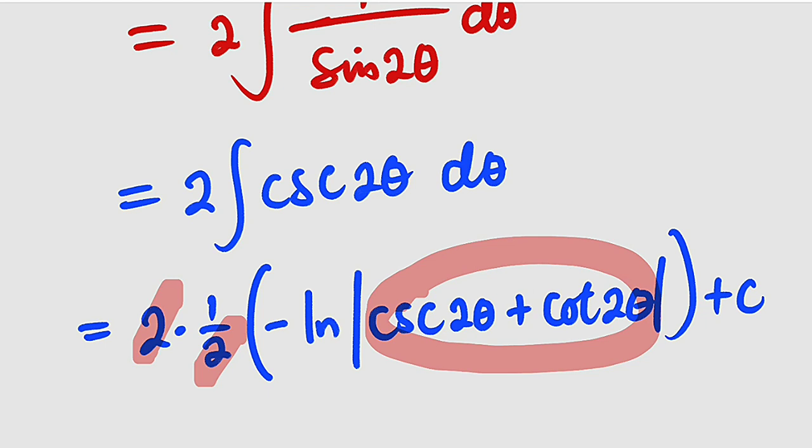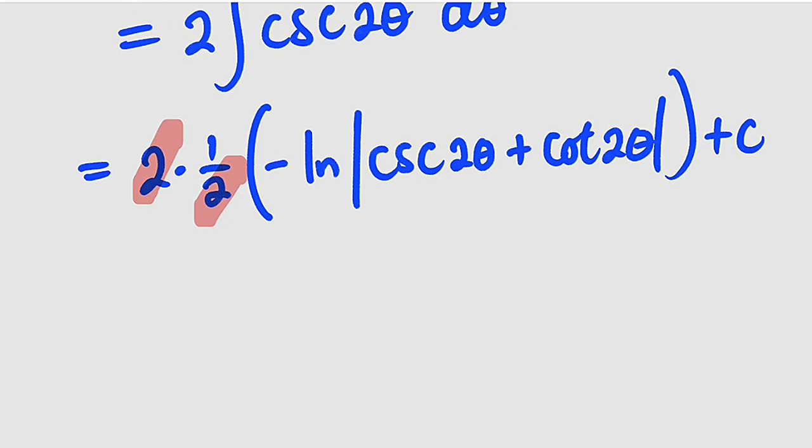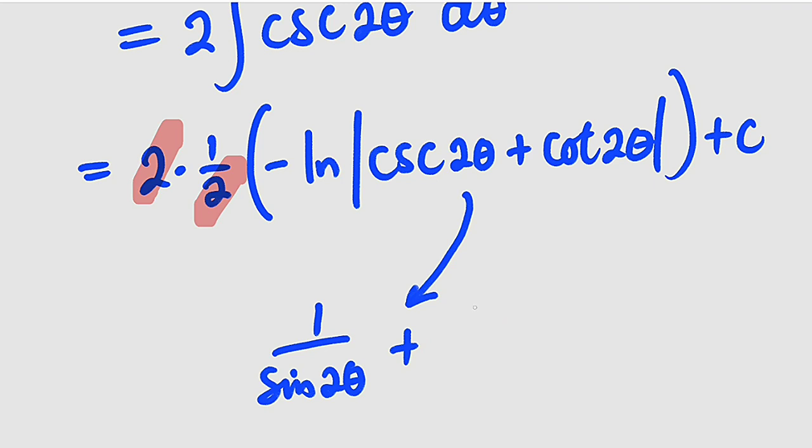Let's simplify cosecant 2 theta plus cotangent 2 theta. Remember that cosecant is a reciprocal of sine. Cosecant is 1 over sine 2 theta. Then plus cotangent, remember, is what?